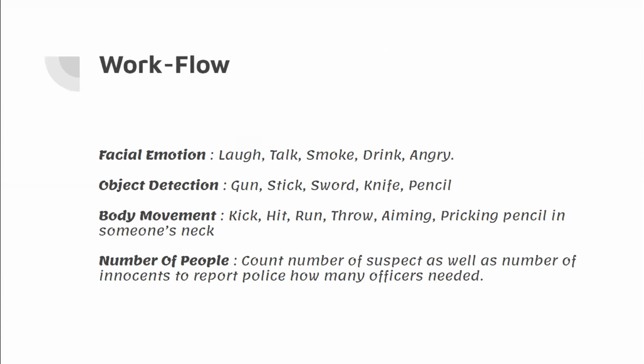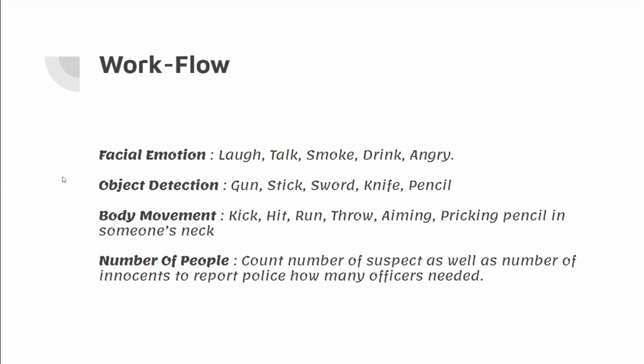In the workflow, the facial emotions are like whether the person is laughing, talking, smoking, or drinking. The objects are such as whether the person is holding a gun, a stick, sword, knife, or some pencil in his hand. The body movements are like kicking someone, hitting, running, throwing, aiming at someone, and pricking a pencil in someone's neck.